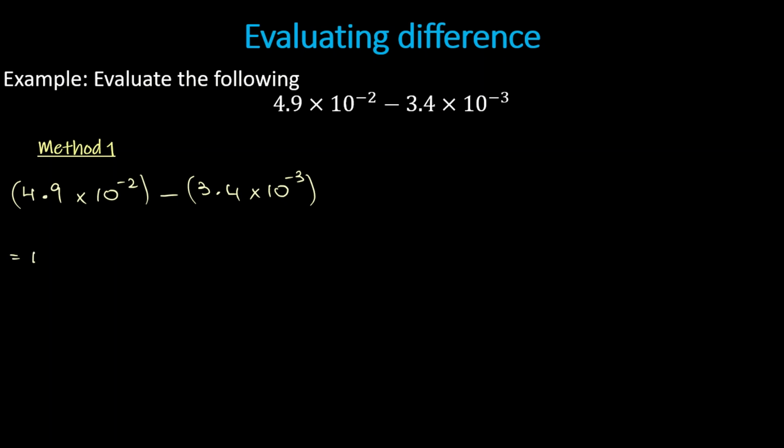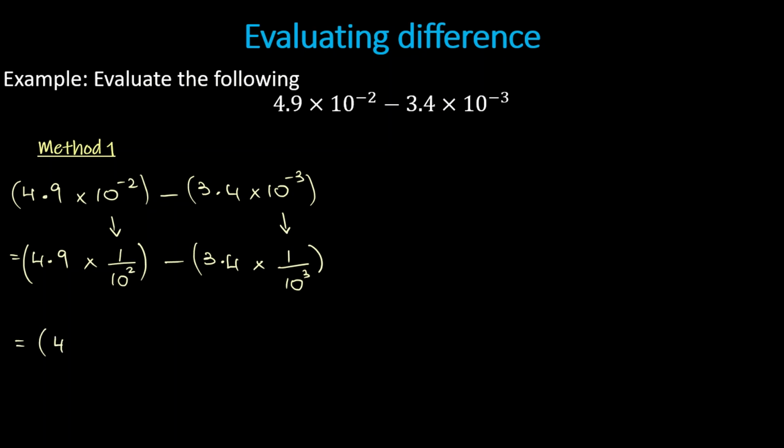Right? The first step is to convert the negative power as positive by taking the reciprocal. This becomes 4.9 times 1 over 10 power 2 minus, we do the same for the second number. The 10 power negative 3 can be written simply as 1 over 10 power 3.